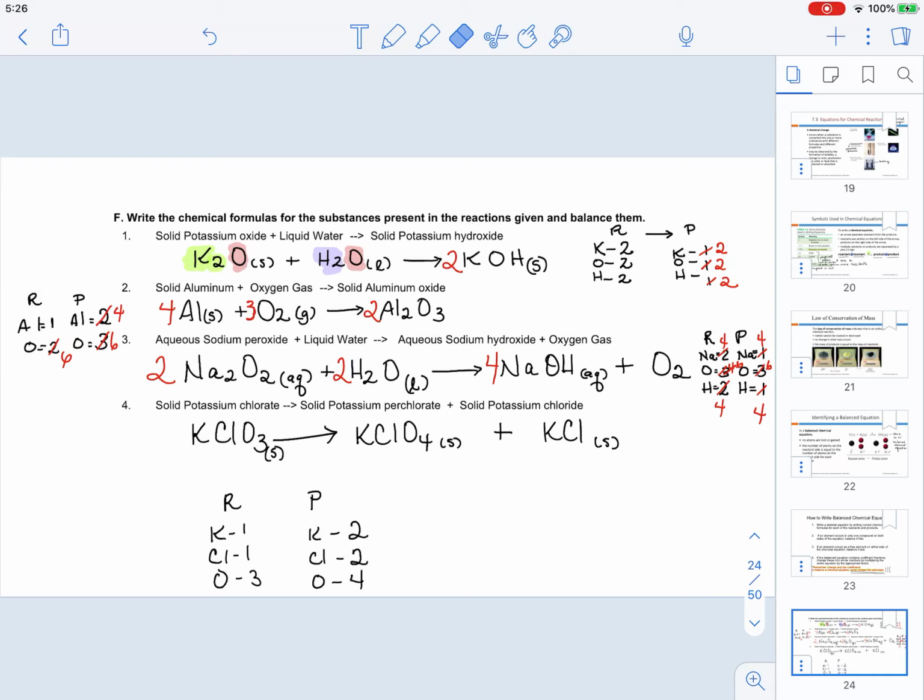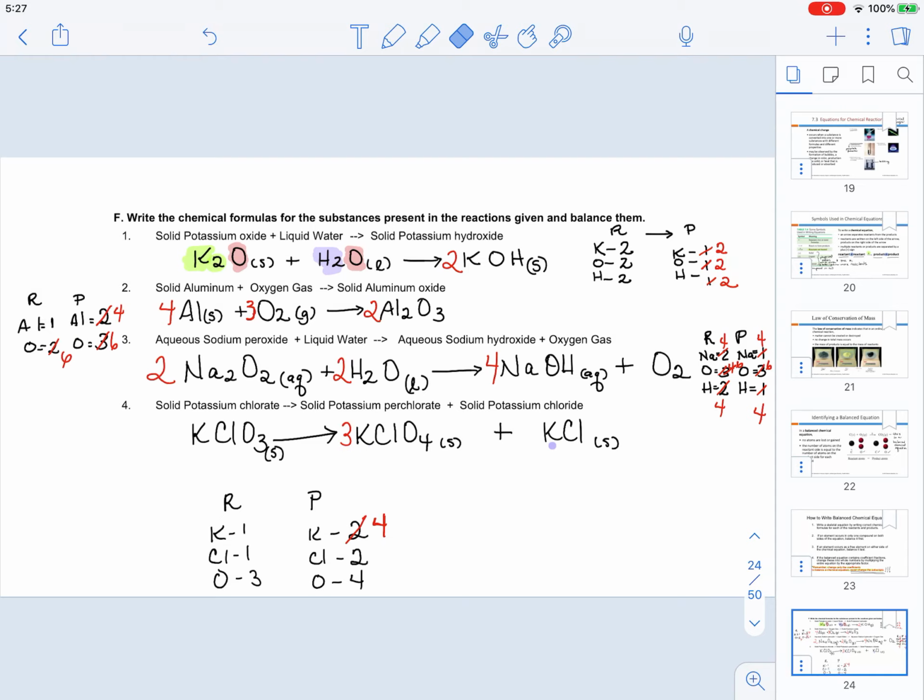What if, for example, we start making changes on that KClO4, which is the potassium perchlorate. So what if we place a 3 in front of it? If we do that, then we're going to change that potassium to 4, because here we have 3 times the 1, and we also have another one right here, so that's where the 4 comes from.